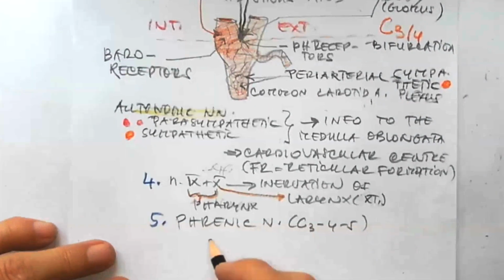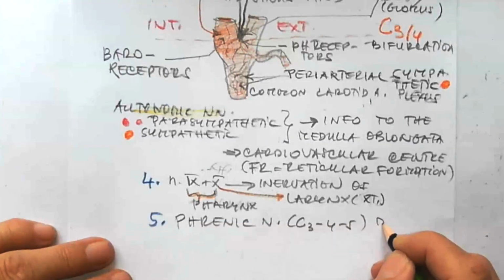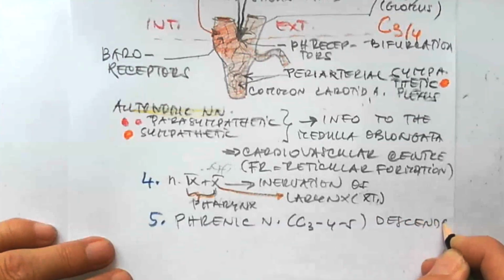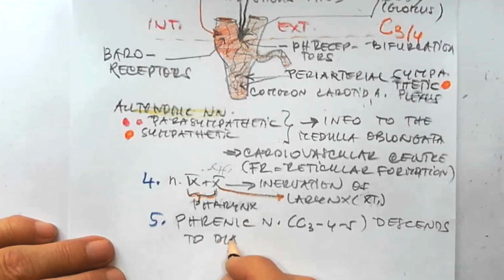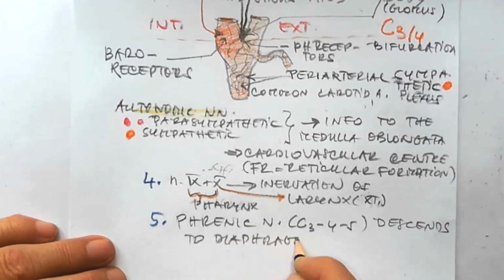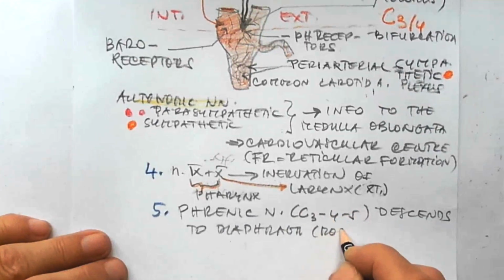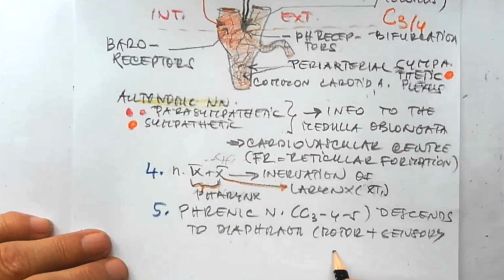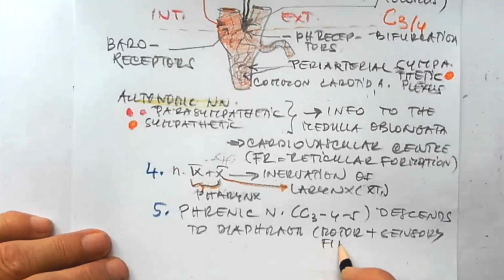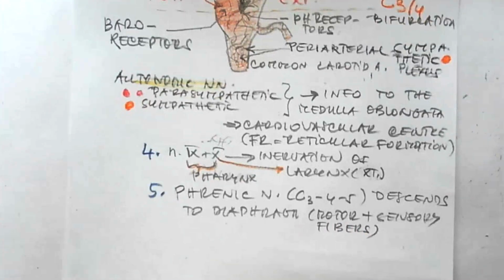This phrenic nerve passes through the neck and descends to the diaphragm, and repeating that it has the motor as well as the sensory part, sensory fibers. That's it. So these are the very important structures found in the neck.